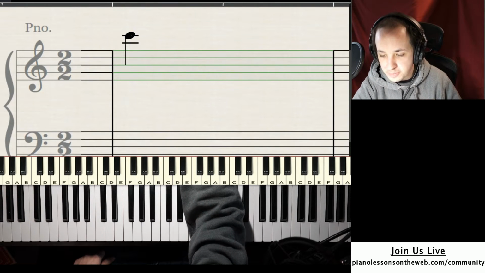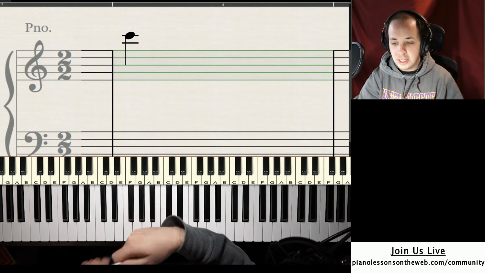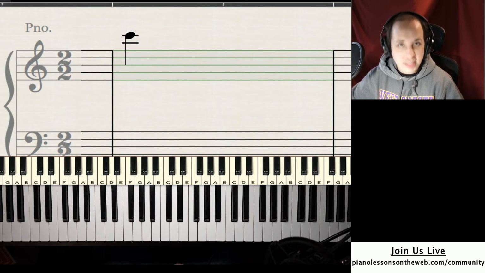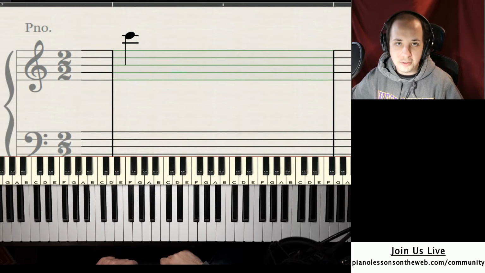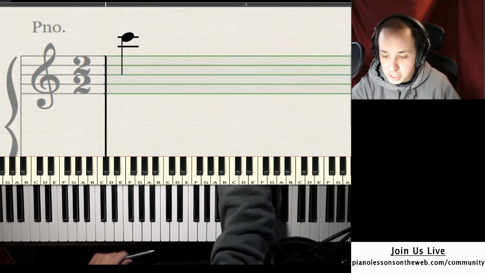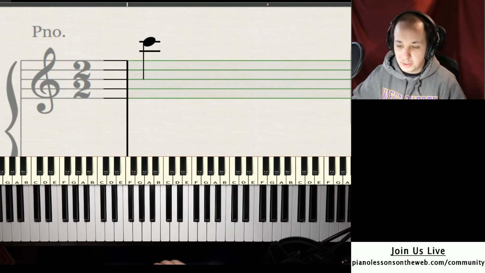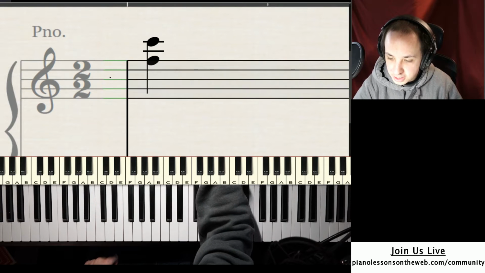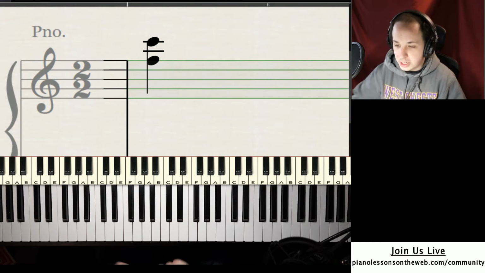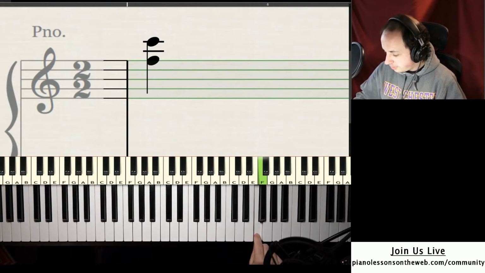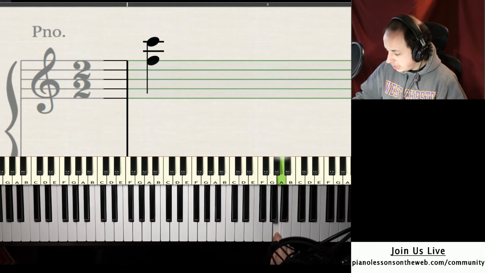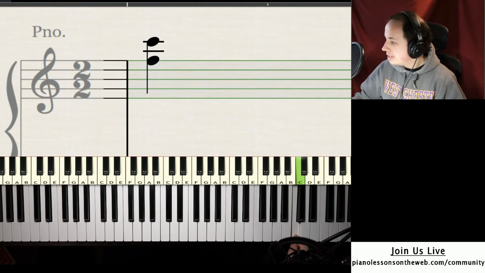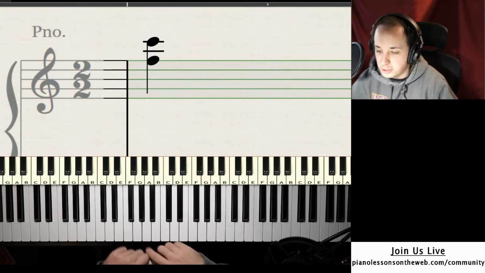In part 1 of this lesson, we talked about how to skip notes to figure out what note that is. What you want to do is find the closest note you do know. That's probably F right here. Then we skip up twice: F, you skip a note up to A, and then skip a note up to C right here. So that top note is C.